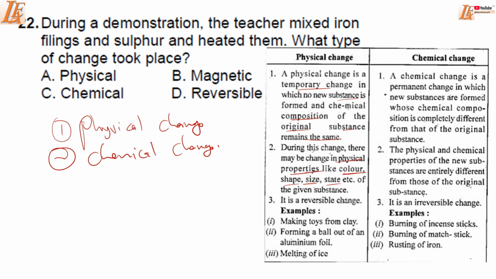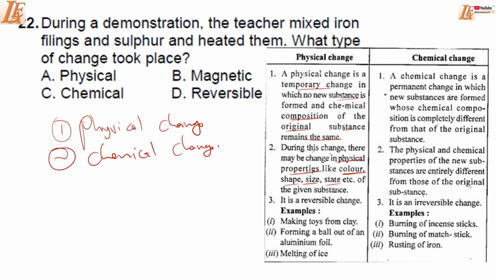A good example of change in color is when you have hydrated copper 2 sulfate, which is blue. If you heat it, it changes to white anhydrous copper 2 sulfate. And when you add water to it, it changes back to blue hydrated copper 2 sulfate. So in that case, there is only a change in color.